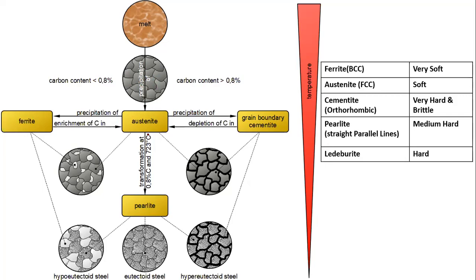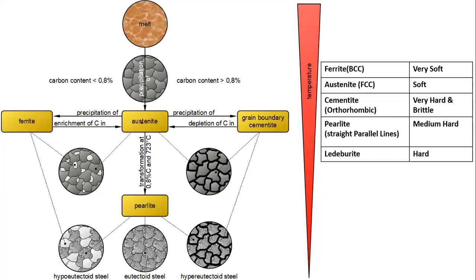From this point onwards, changing of the structure is possible. Liquid state to austenite. This austenite structure is the most important to lead to either ferrite or grain boundaries for cementite. So two types of nature are possible by precipitation: ferrite or cementite structure. Precipitation is nothing but formation, so that formation is possible.